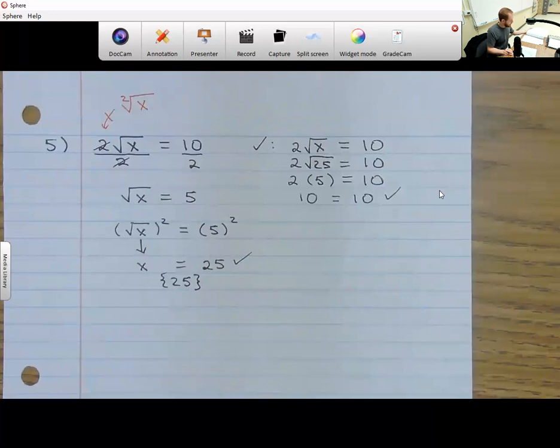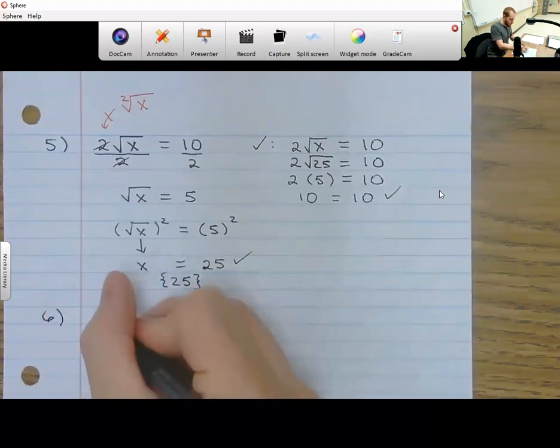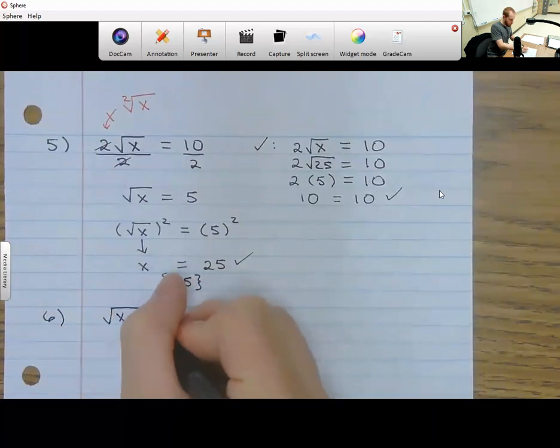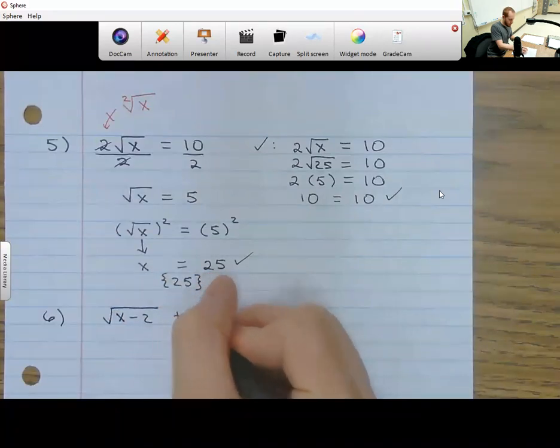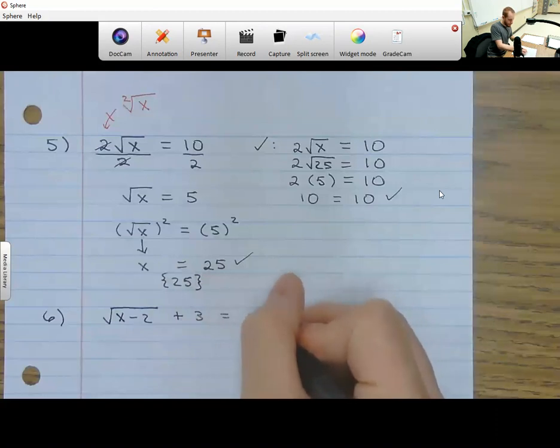Now, let's look at something that might trip you up. Let's look at number 6. Number 6 is going to be the square root of x minus 2, plus 3 on the outside, is equal to, let's say, 1.